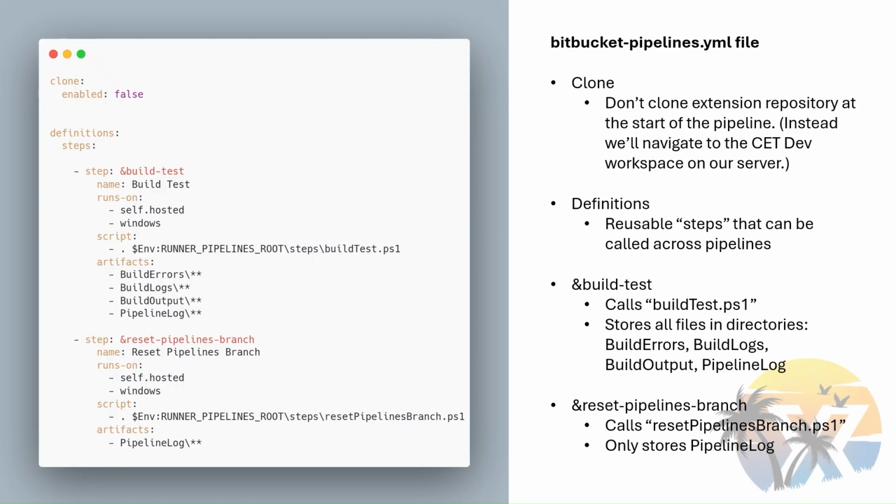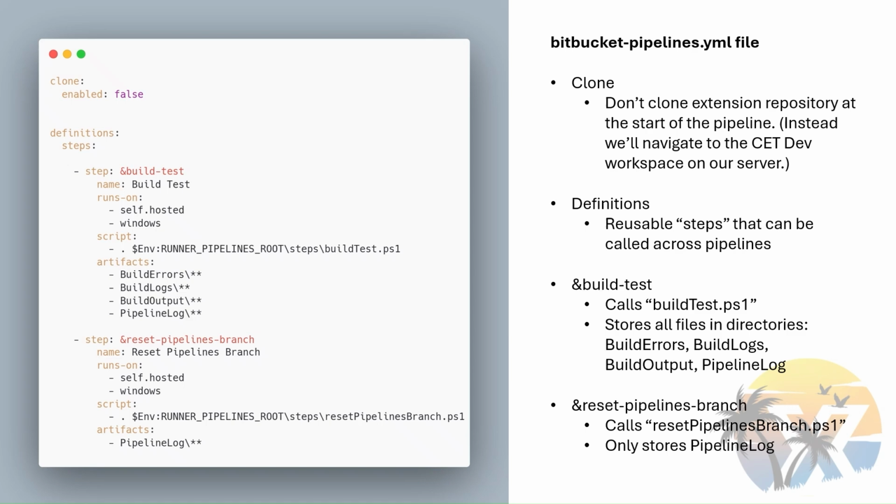So it's saying on your runner, on our server, go to this directory, and then within that directory, go within steps, and then call the PowerShell script called build test. So we've now narrowed it down. Instead of the 10 different commands getting called one after another, we are now saying call this one script.